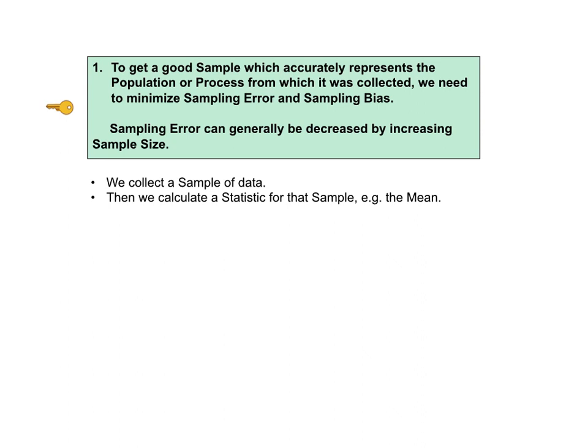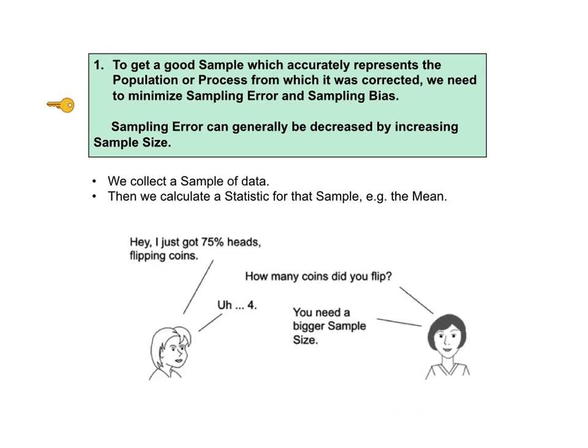Most often we don't have all the data from the entire universe under consideration, so we collect a sample of data. Then we calculate a statistic, for example, the mean from the sample data. There is a calculable probability that our particular sample is not a good representative of the population or process.